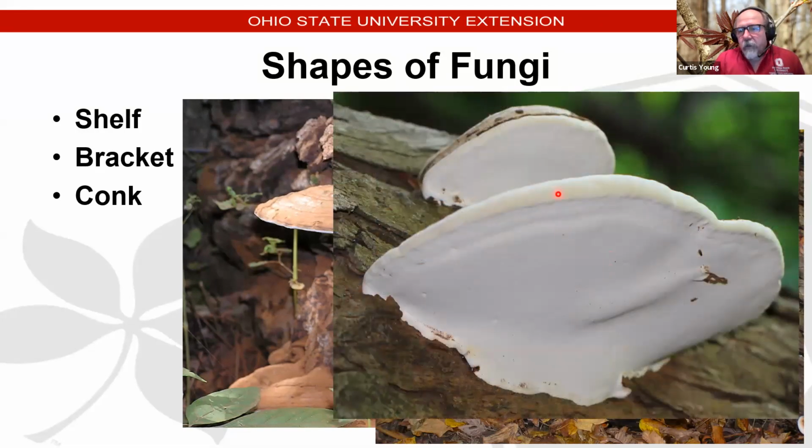Now, this is the underside of an artist conch, just to show you that it is a pored surface, and the pores on these are pretty small. So it almost takes a magnifying glass to be able to see the openings through which the spores are released out of this. And you can also see why it's called an artist conch, because it's a palette upon which things can be etched and sketched.